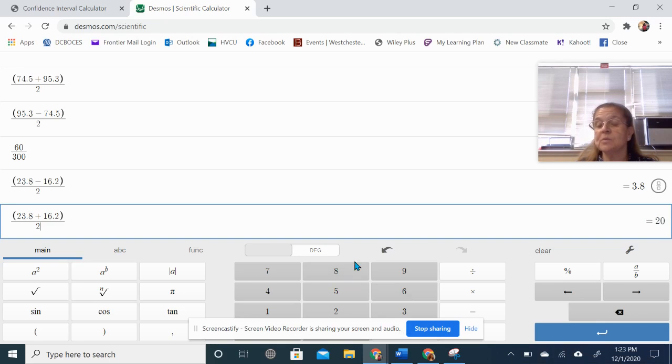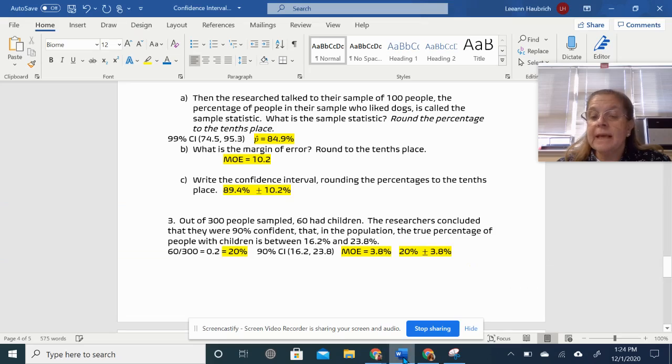So you had a couple of ways to get the mean. The mean is going to be right smack in the middle of your confidence interval. And then from the middle of the confidence interval to the end is going to be the margin of error.